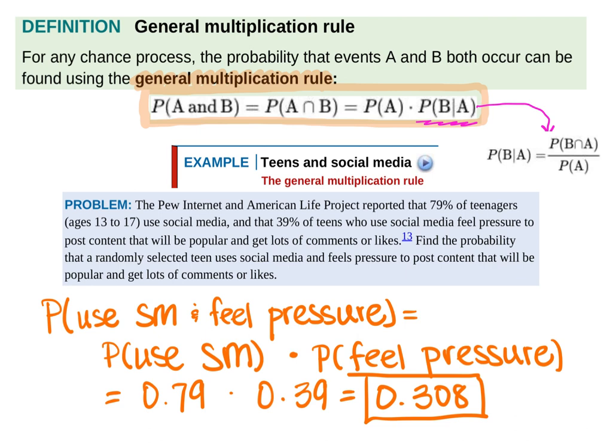Of in mathematics typically means to multiply, so you multiply those two quantities together. 39% of 79% gives you 30.8% of teens who use social media and also feel that pressure to post positive things.